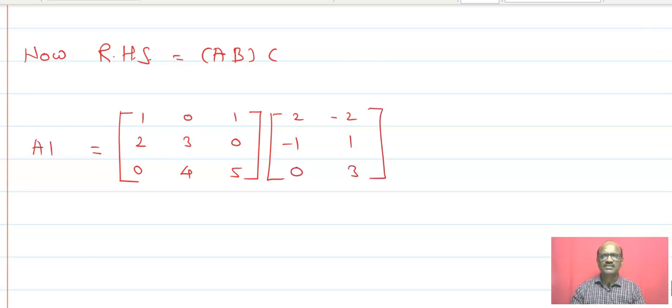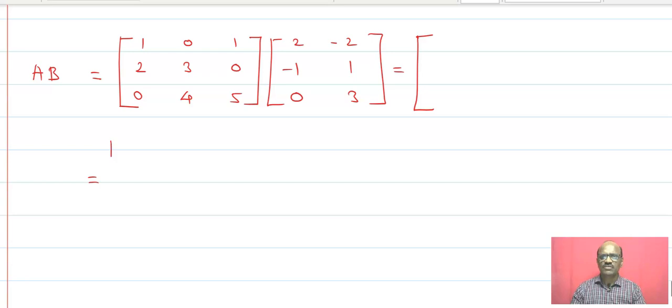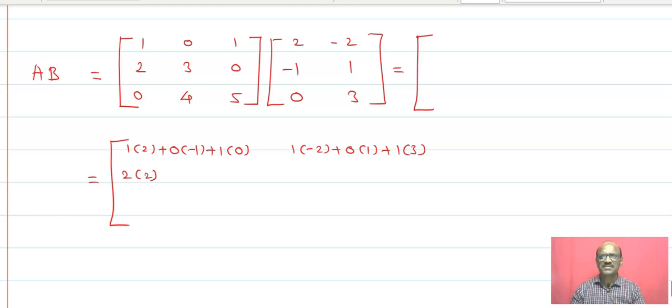This is the AB, that is equal to again first row, first column. Next is first row, the order of B is 3 by 2. Now see this.